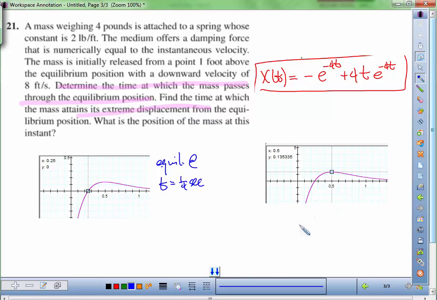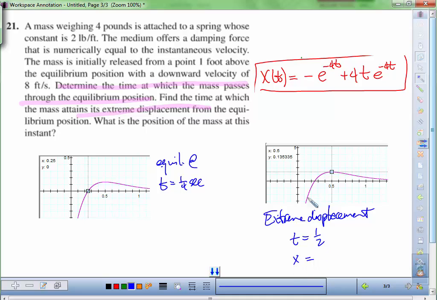So after the first extreme displacement at 0, it has the next extreme displacement when t is equal to half a second, 0.5, and then its actual distance, the position, is 0.135 foot.